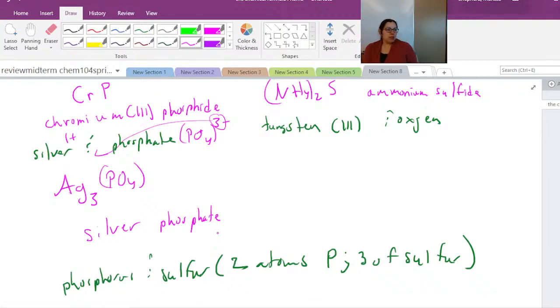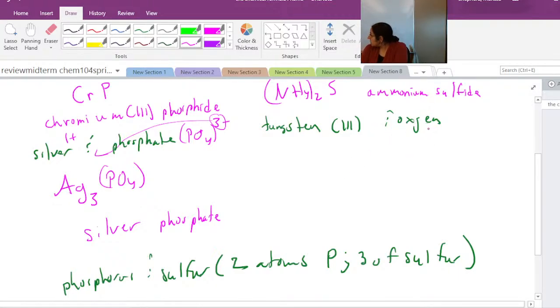All right, so now look at the next one. So we have tungsten 3 and oxygen. So you should be asking yourself, what's the oxidation state of oxygen, and then swapping them. So you can give me the formula or give me oxygen's oxidation state.